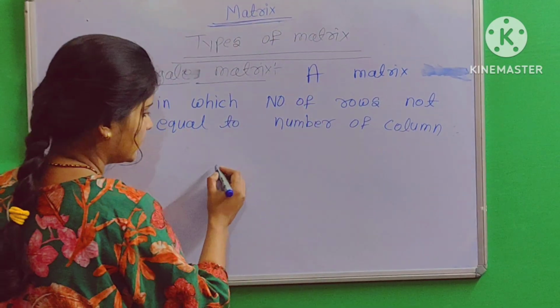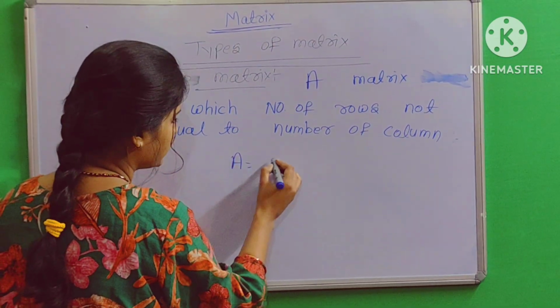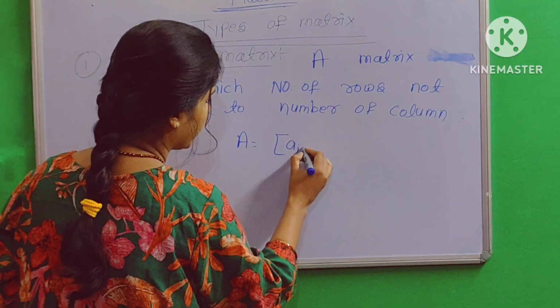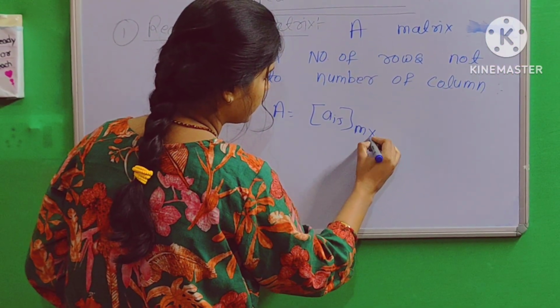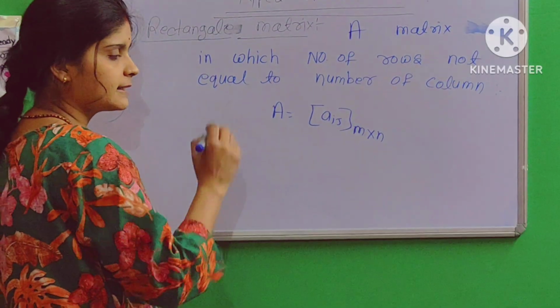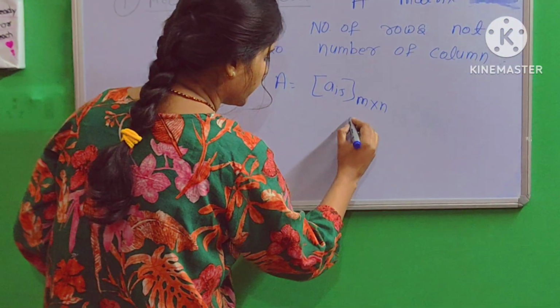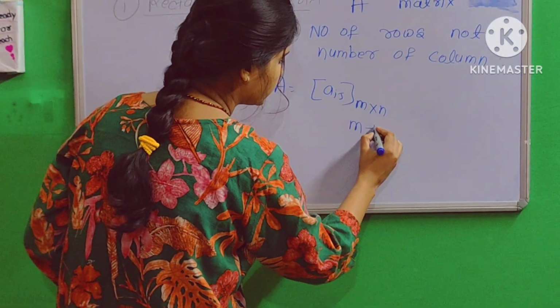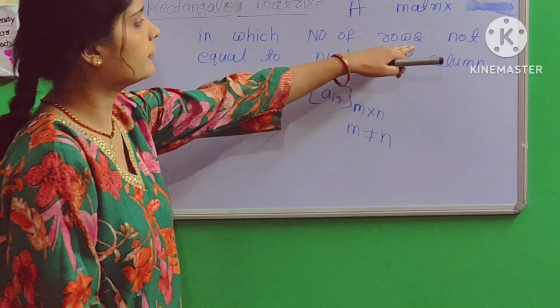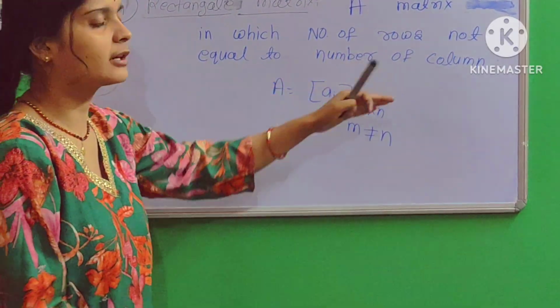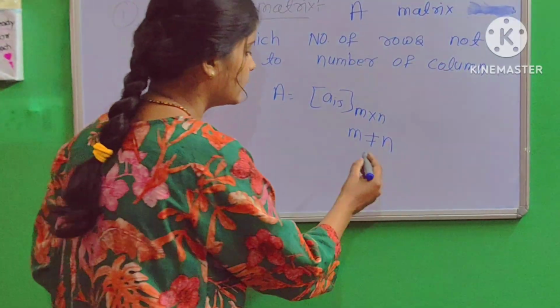We can write, if a matrix A is equal to Aij, where the order is m cross n, then we can say m does not equal n. Here I am saying the number of rows and the number of columns are not equal. It will be different.